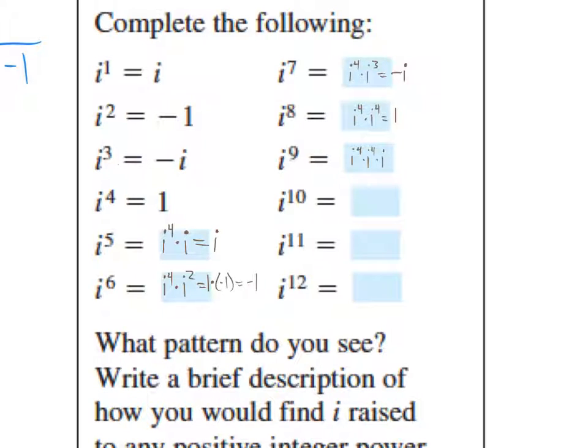Well, that's 1 times 1 times i, which is i. i to the 10th is i to the 4th times i to the 4th times i squared. That's a negative 1, since i squared is negative 1. And this pattern keeps going: i, negative 1, negative i. Because notice here, once we get to 12, it's i to the 4th times i to the 4th times i to the 4th. That's 1 times 1 times 1, which is 1. And you see this cycle, this pattern repeating.